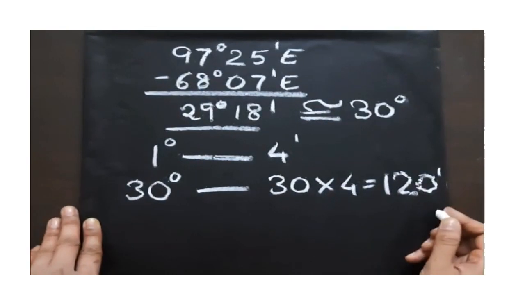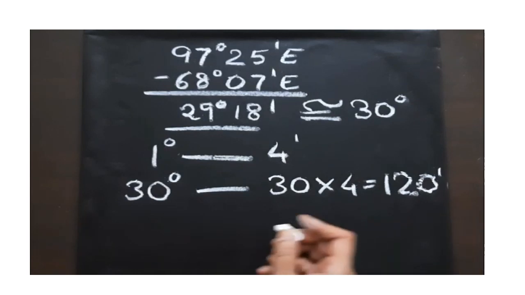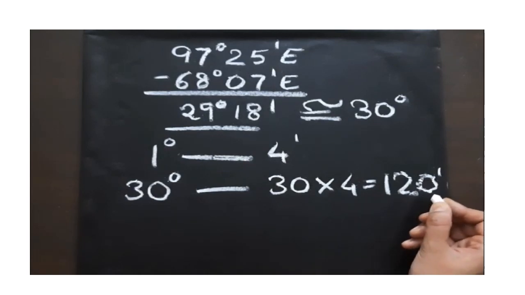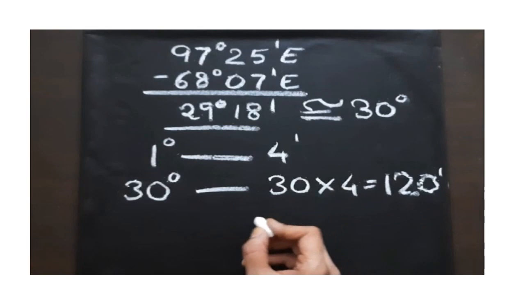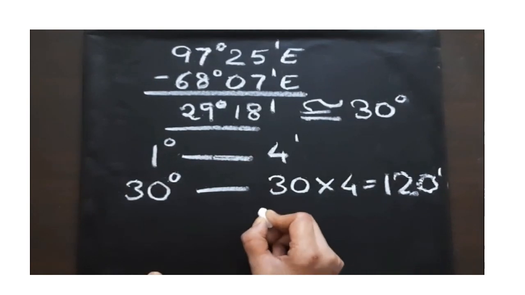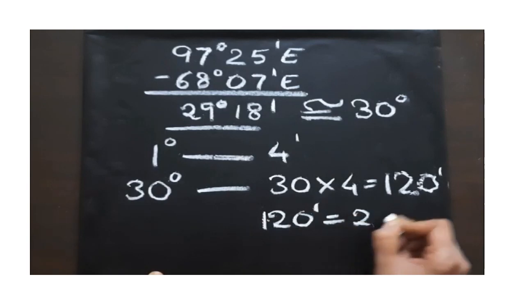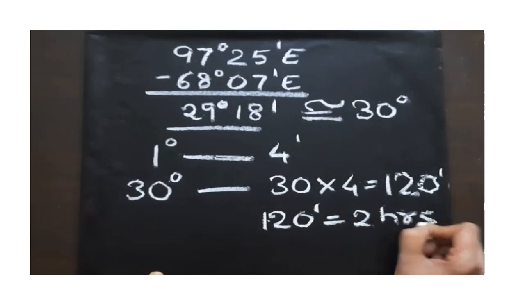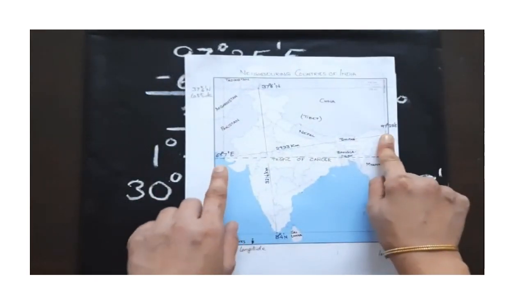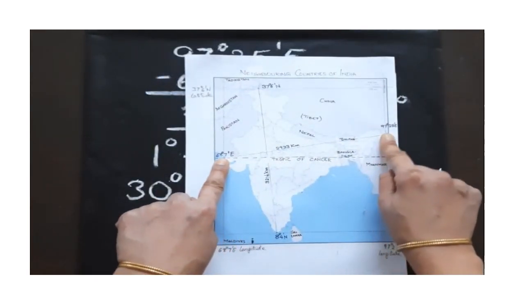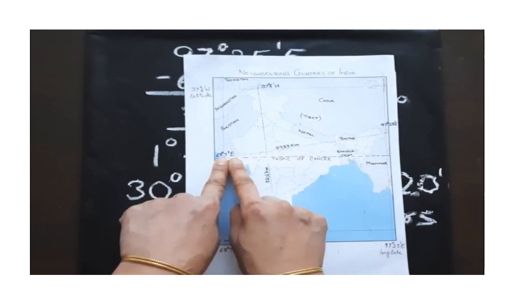Now why I have calculated 120 minutes here, you will get to know. 1 hour is 60 minutes. So 120 minutes is equal to 2 hours, right? So we can say from the eastern limit to the western limit of India, the time difference is 2 hours.